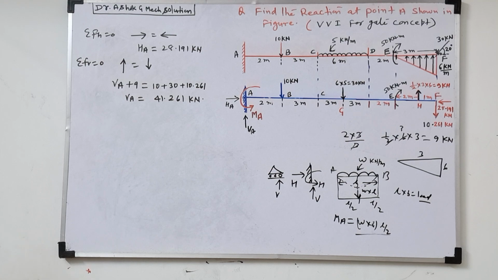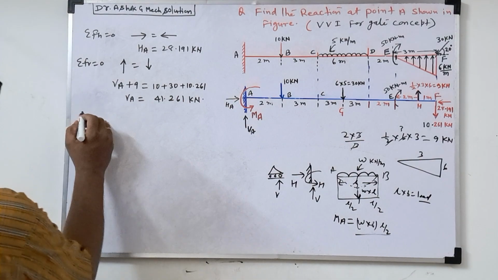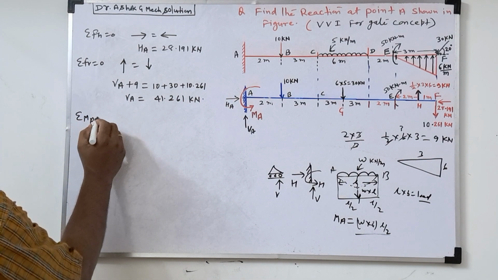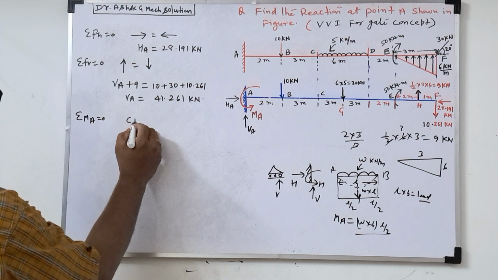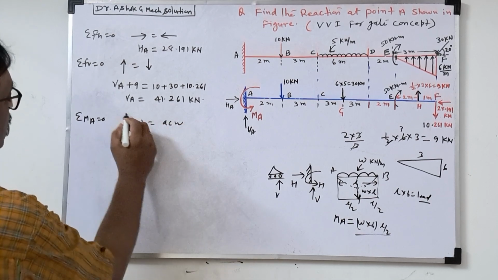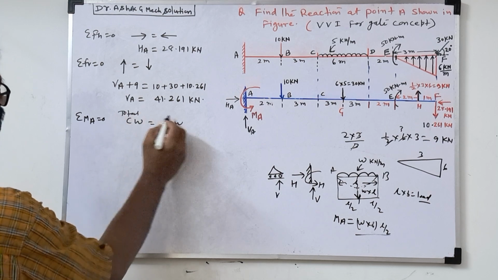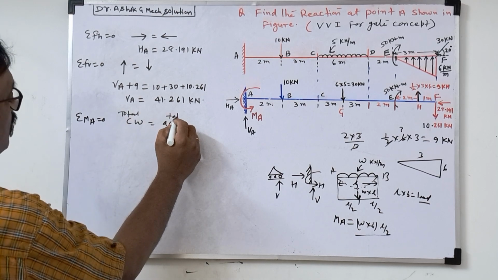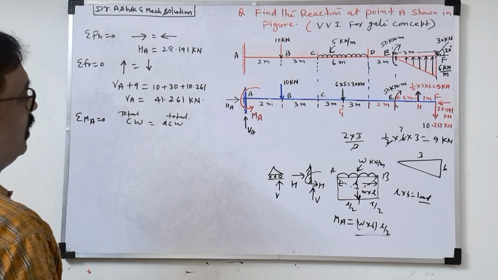Now we'll go to the last equilibrium equation. We'll take moment about A equal to 0. Here we take total clockwise equal to total anti-clockwise moment. Now we'll see here.